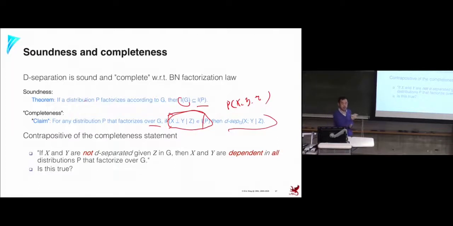So I'm going in reverse now. I said that if you tell the story from the graph, it will always be in P. Now I want to tell a story, although very few people do that, by just screening the numbers in P, enumerating all possible configurations of P, and I get an independence like this. Then can I go back to the graph and say, hey, these three sets must be d-separated graphically? It turns out that this is not guaranteed.